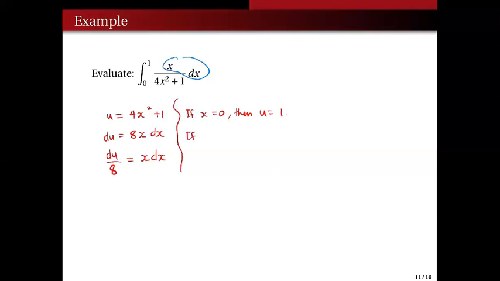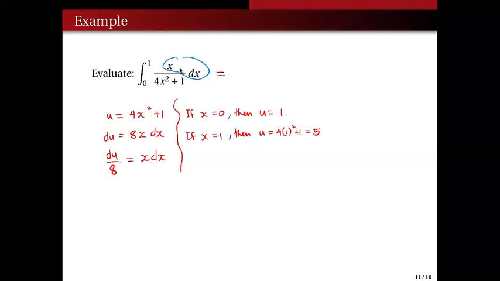If x equals 1, that's the upper limit of integration here, then you have u equals 4 times 1 squared plus 1, and this is equal to 5. So, complete substitution in here.